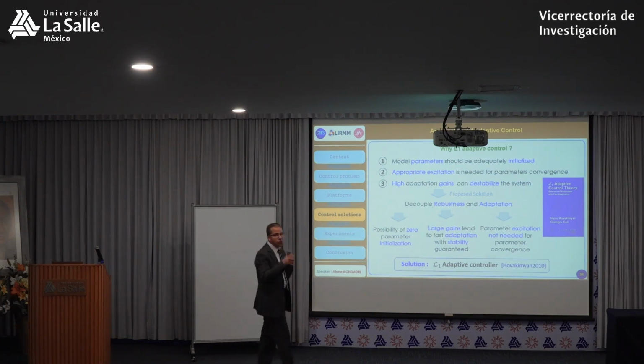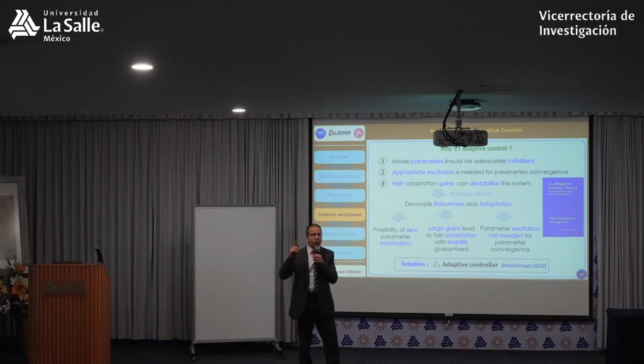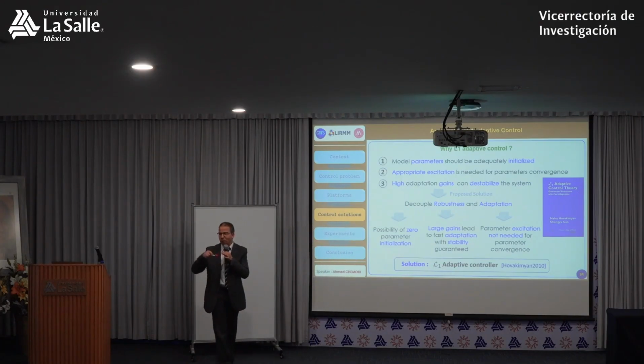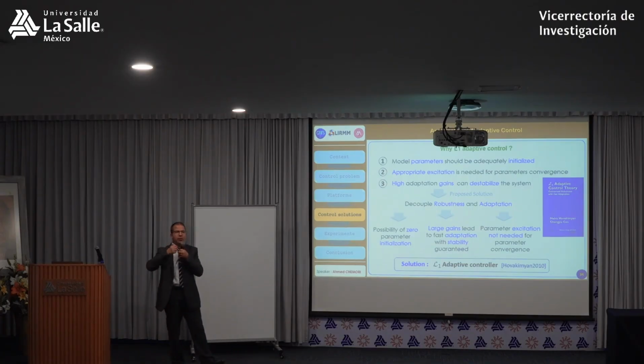If you go back to the story of adaptive control, when was the first adaptive controller developed in the world? Give me a date, you can try. 80s? No, before. 60s?